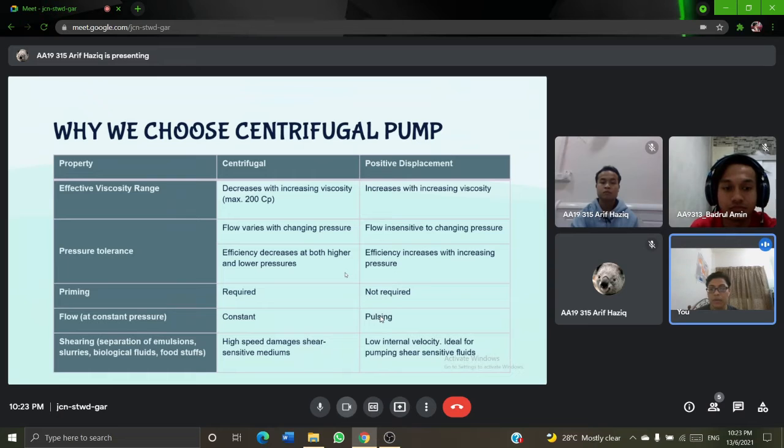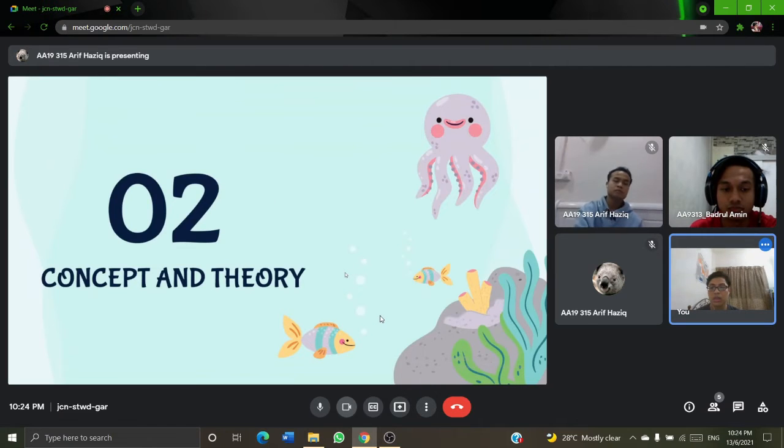And lastly, for the shearing, separation of emulsion slurries, biological fluids, foodstuffs, high speed damages shear sensitive mediums for centrifugals, while low internal velocity is ideal for pumping shear sensitive fluids for positive displacement. So for the second concept and theory, I would like to ask my friend Badrul Amin to continue.